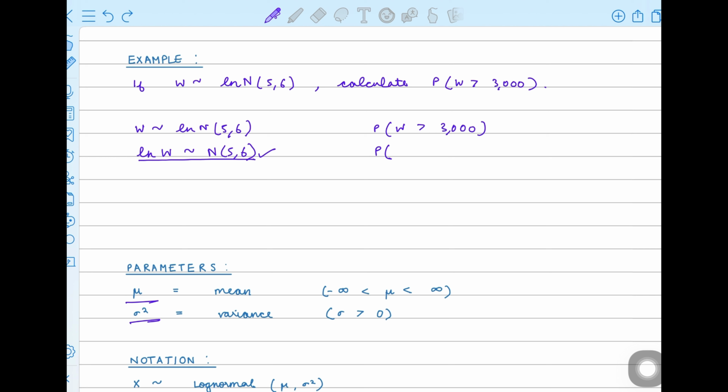If w is greater than 3000, this means that log w is greater than log 3000, which gives us 8.006. Now we replace log w by z as we did for normal distribution and follow the same steps.